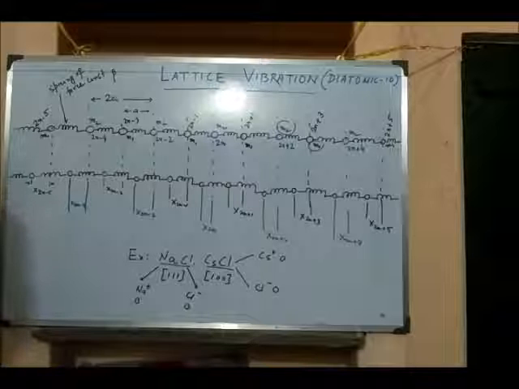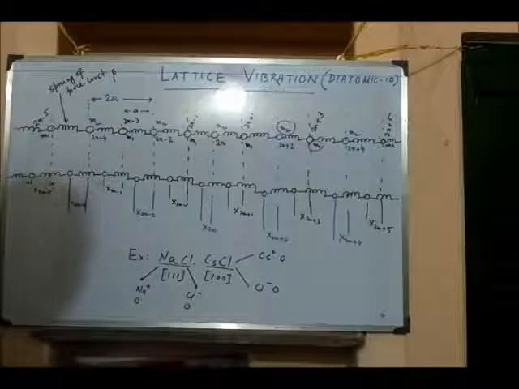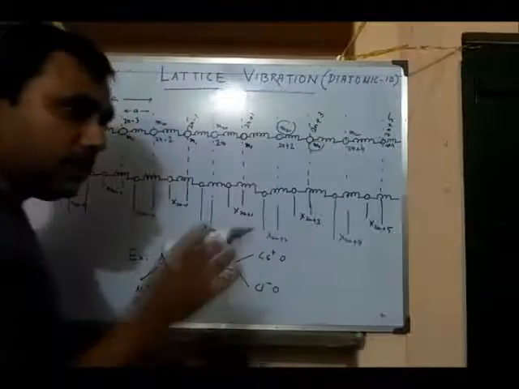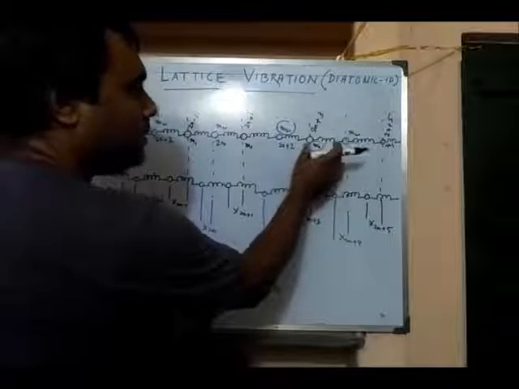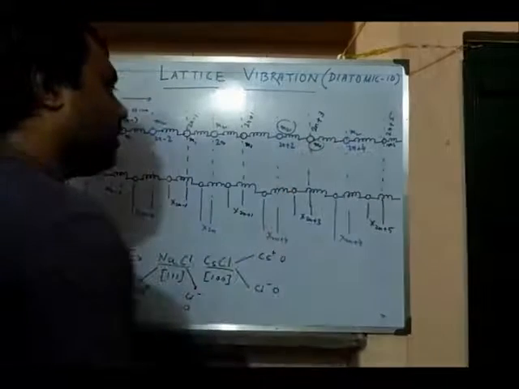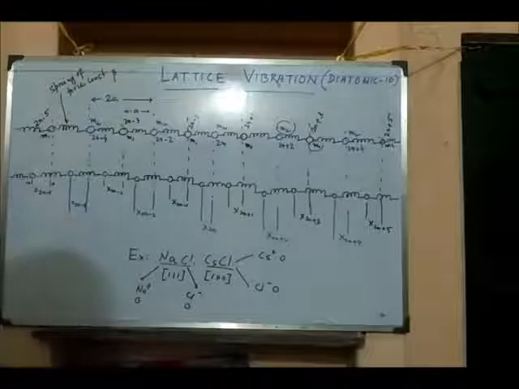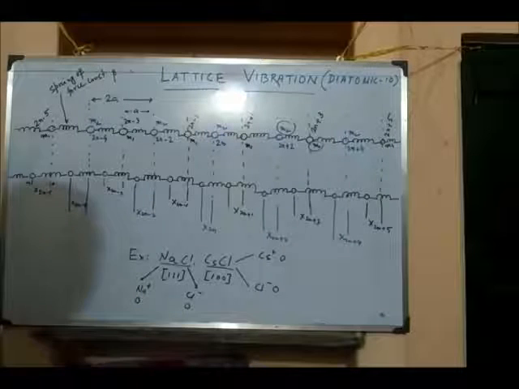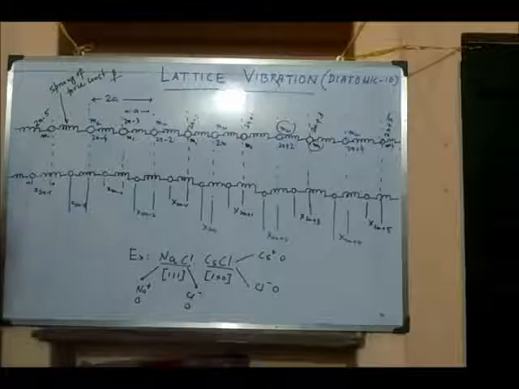And as we assumed in the case of one-dimensional monatomic lattice, those mass points are connected by some invisible spring. Those invisible springs represent the bonding between any two lattice points, or I can say the force between two lattice points, and according to our assumption those springs have the force constant beta, right?